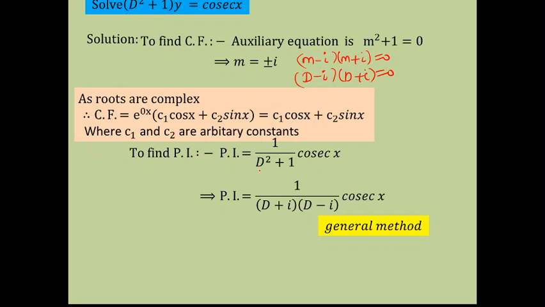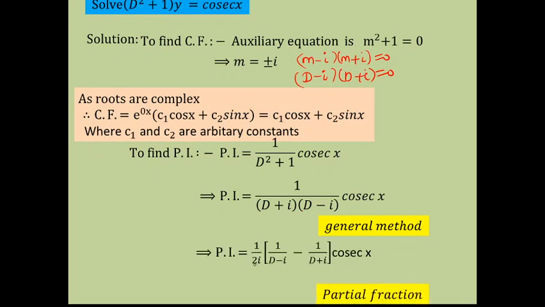Therefore the factors of D square plus 1 will be D plus i into D minus i. Now it is factorized. In the earlier examples we used to apply each of these linear factors one by one on this function. Right now, we will separate these two linear factors first by making use of partial fraction.